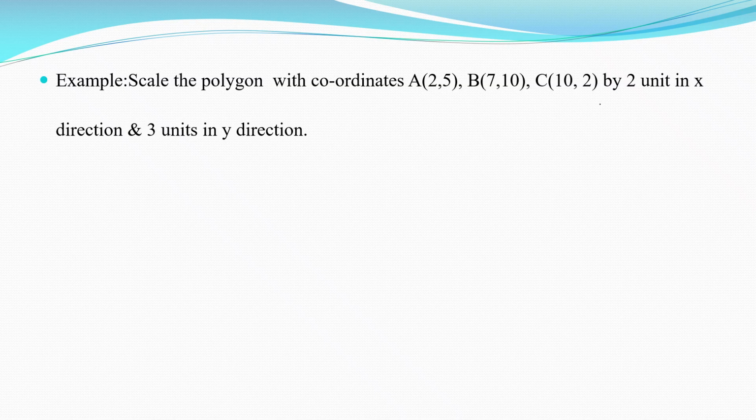We change 2 units in the direction of x, so s of x is 2, and 3 units in the y direction, so s of y is 3. Okay, so we first write down the parameters. Given is A as 2, 5, and the scaling factors are 2 comma 3, right?